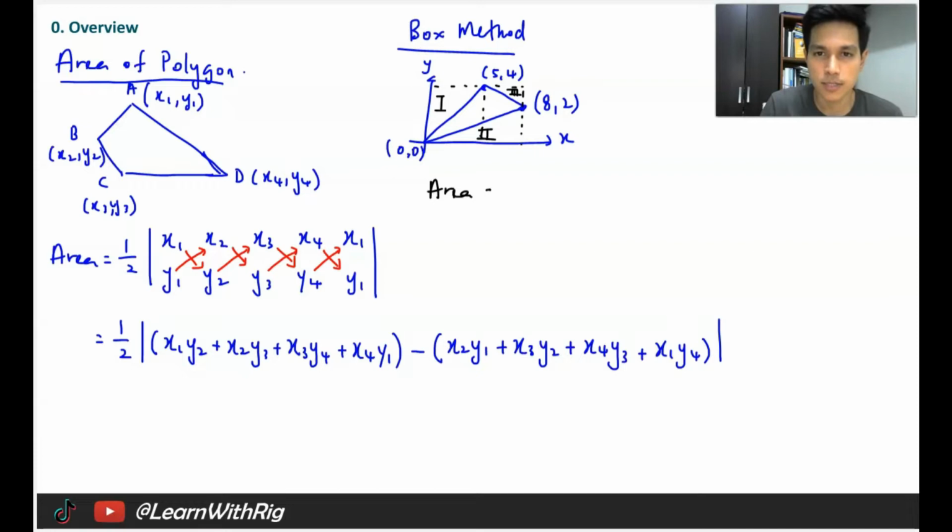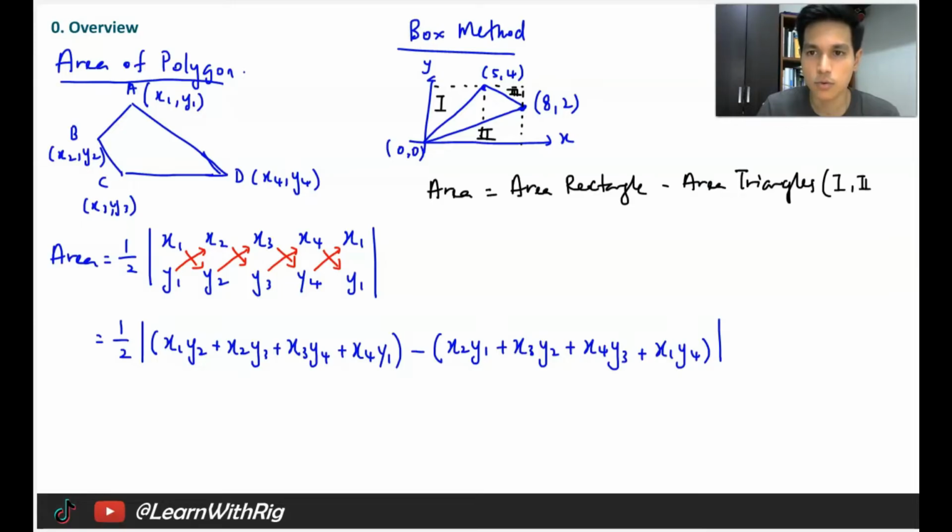What you're going to do is take the area of the rectangle, the entire shape, the entire rectangle, minus the area of the triangles. So you got 1, 2, and 3. When you minus all 3 of that, you will get the area of the triangle that you're looking for. So how do we solve this?